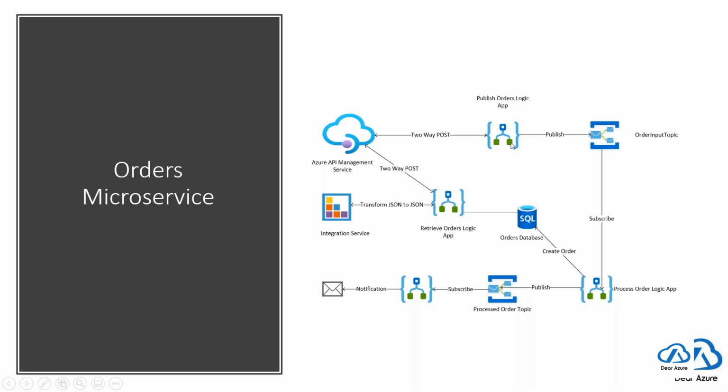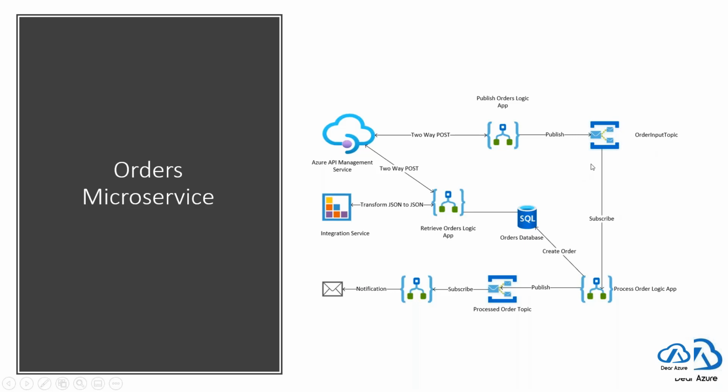It accepts the order details from the shopping website, creates an order correlation ID and returns the correlation ID and the customer ID back to the front end with a status of 202, meaning that it has accepted. Once that is done, it publishes the order details onto the Azure Service Bus order input topic.